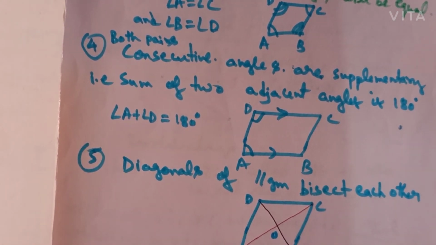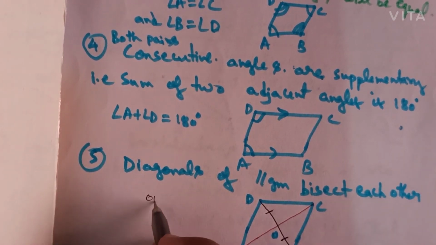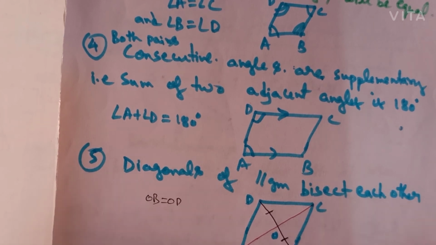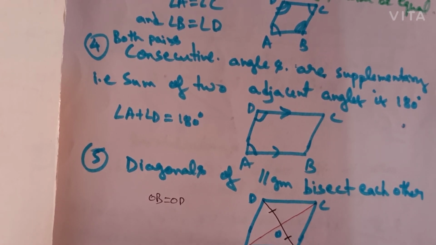Then the diagonals are bisecting each other, means OB will be equal to OD. Diagonal AC is dividing diagonal BD into two equal halves. That is, diagonal AC is bisecting the diagonal BD. That means BO will be equal to DO.